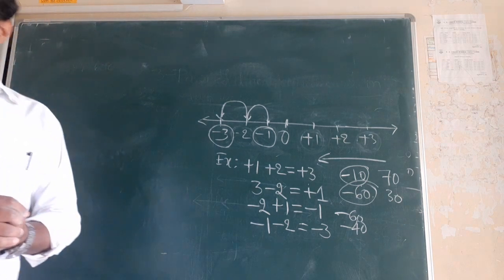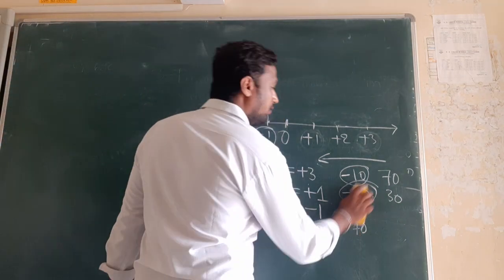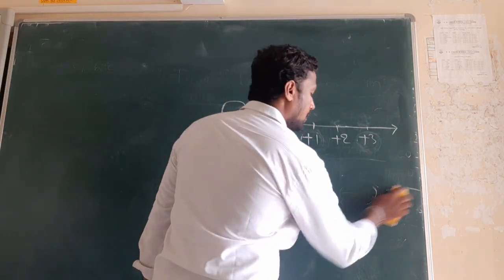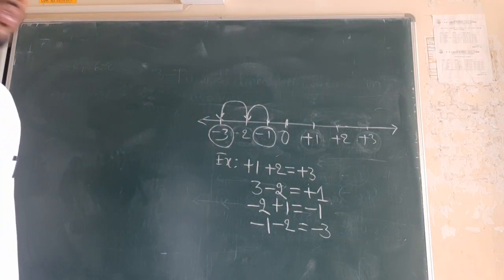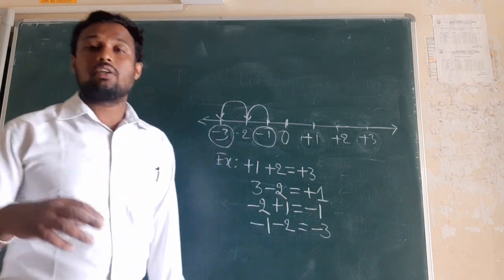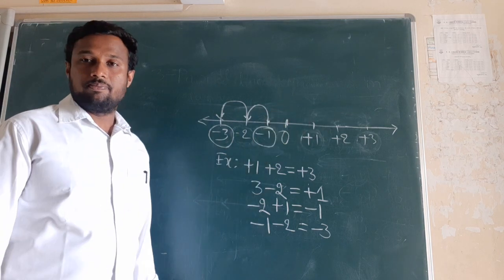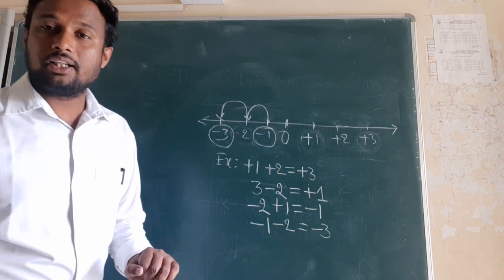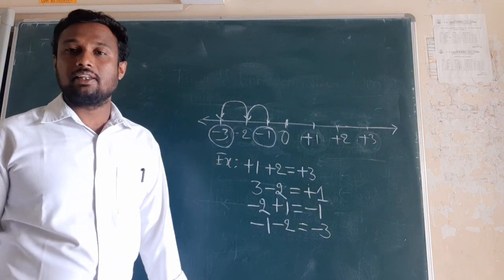But when we get larger numbers, it is difficult to calculate on this number line. So we will see how to add or subtract greater numbers without any number line.